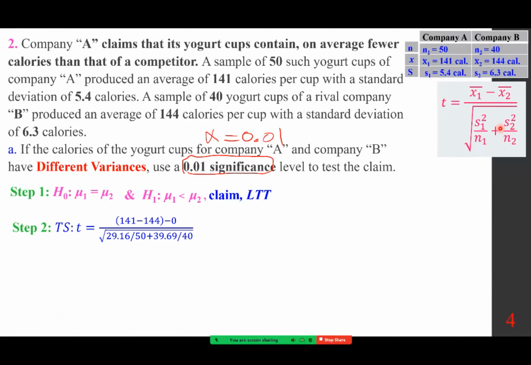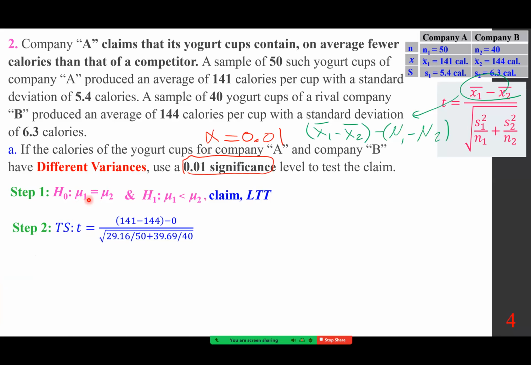By the way, in many texts, they put this minus after that. The minus that I put is because the formula is minus mu sub 1 minus mu sub 2. In some texts, they write the numerator as x1 bar minus x2 bar minus (mu1 minus mu2). Now, mu1 minus mu2 will come from H0.